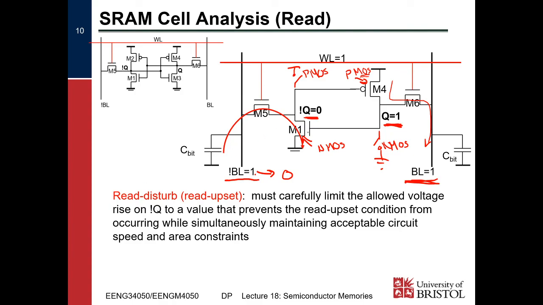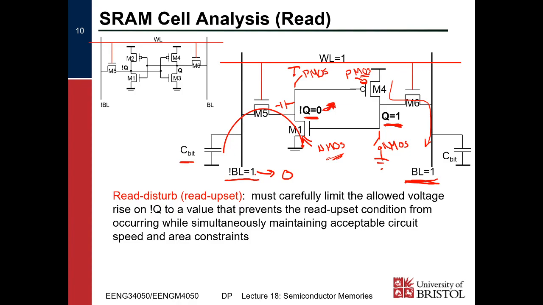As this NMOS discharges C bit, so discharges the not bit line, the voltage at this node will rise up slightly as charge is redistributed between C bit and the capacitance at this point, right? This will rise up slightly.